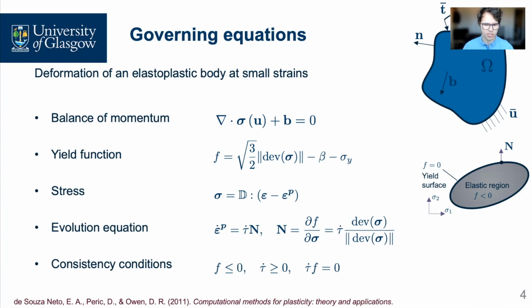And the plasticity model is completed by giving the conditions on the consistency parameter and the yield criterion, which are often known as loading and unloading conditions. So our idea of the multifield approach is to use these last two equations as a constraint for our conservation of linear momentum and solve this whole system as a coupled problem.